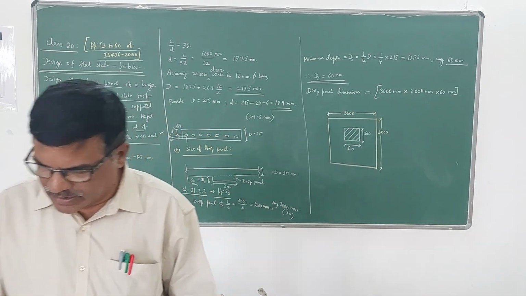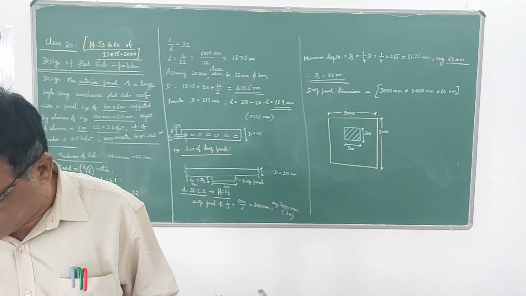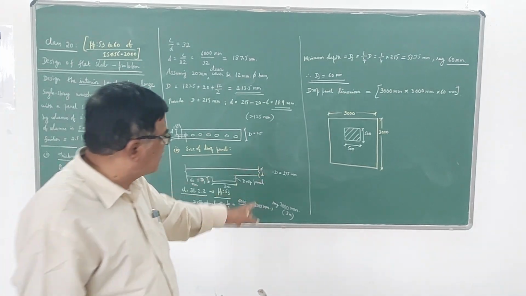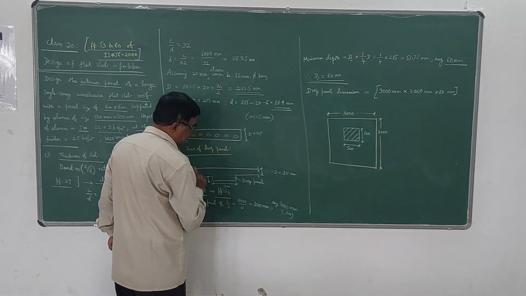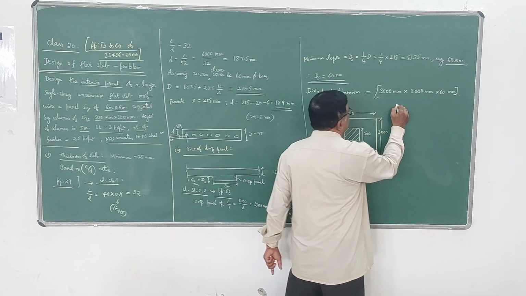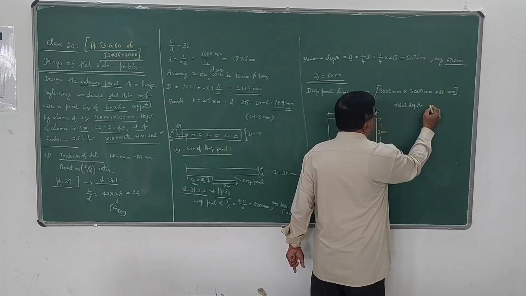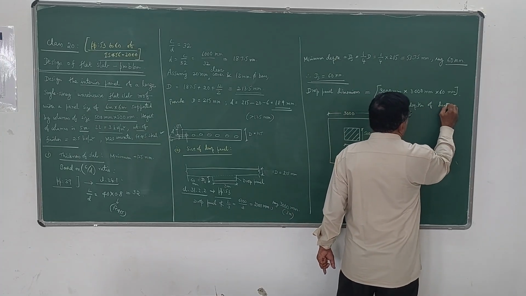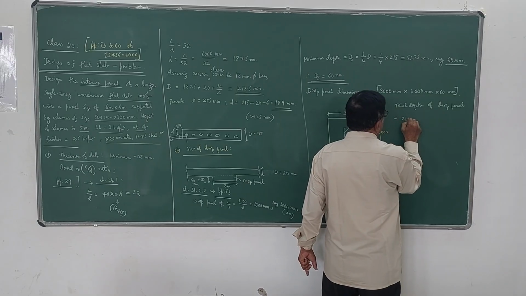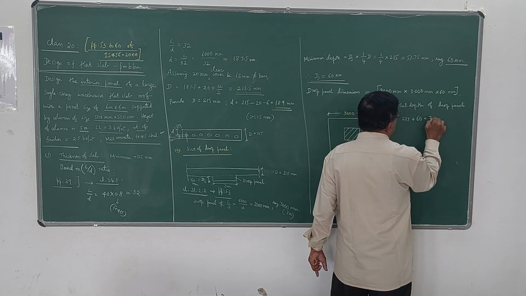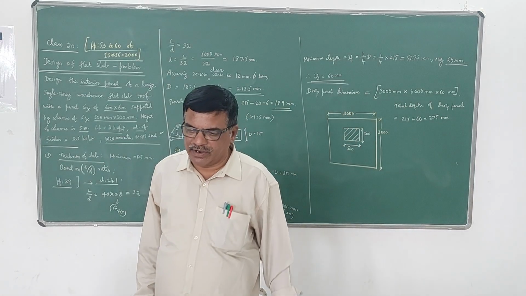Next step is the total depth of the drop panel, that means 215 plus 60. So the total depth of drop panel is equal to 215 plus 60, 275 mm.